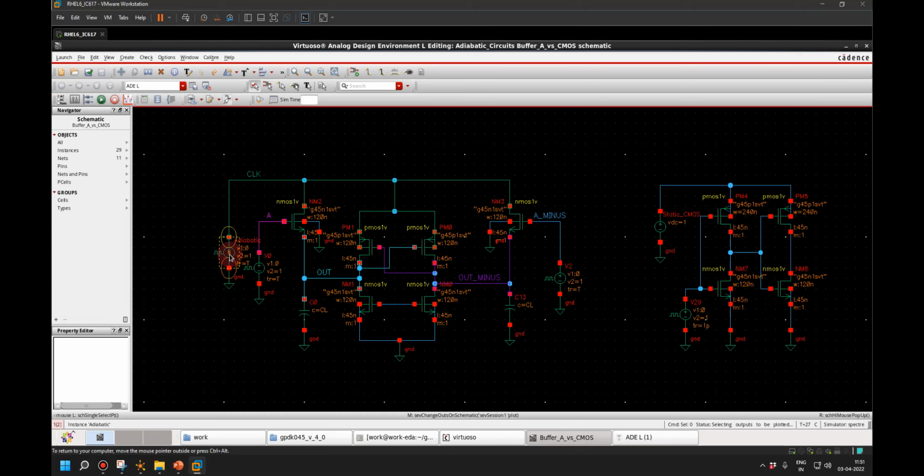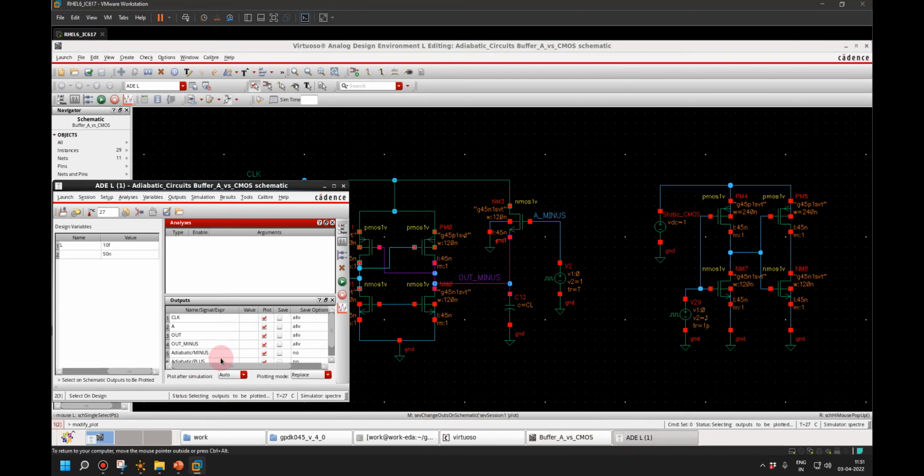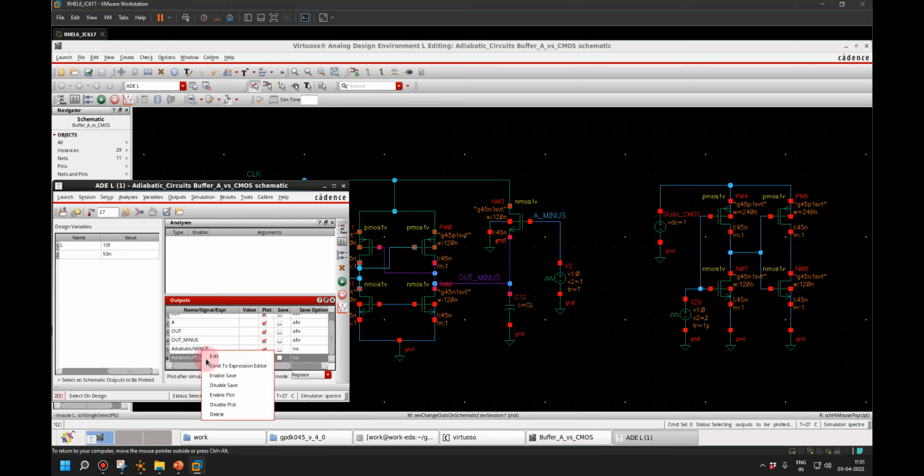NMOS discharge logic voltage. No, because you have to pull it down to 0. So NMOS will pull it to 0 properly, right? So that is the only reason.